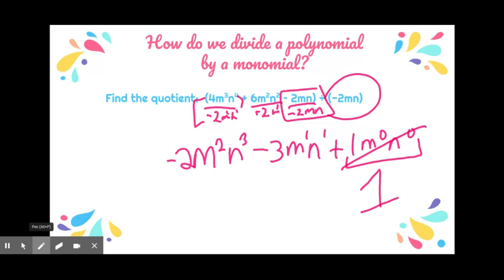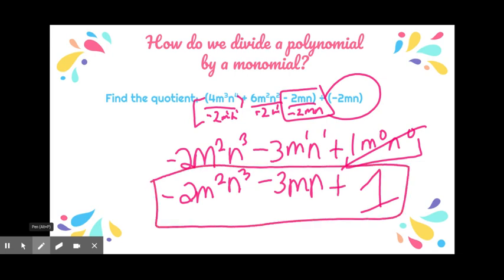So what I'm going to do is just clean up the rest of the other terms. This is going to stay the same because we need all of those exponents. But the second term, the minus 3, the m to the first, I don't need to put a 1. And the n to the first, I don't need to put a 1. I just need to keep those variables there. But my big old 1 is going to stay there because you need a placeholder for that last term. Okay? So that's dividing polynomials by a monomial.